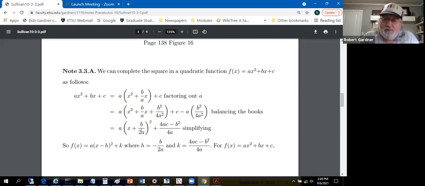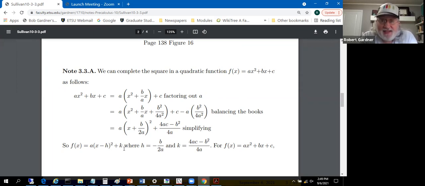So we're simply introducing new variables to write the original equation in a different form. And then we'll call this thing here k. K equals 4ac minus b squared over 4a. All right. Then we can rewrite the original function, f of x equals ax squared plus bx plus c, as f of x equals a, x minus h, quantity squared plus k.